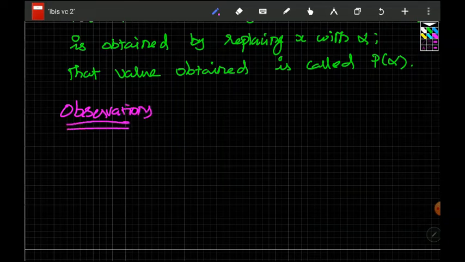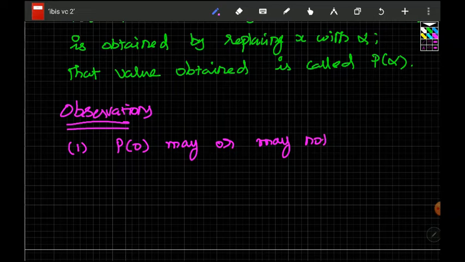Very important observations. One is P of 0 may or may not be a zero of a polynomial.